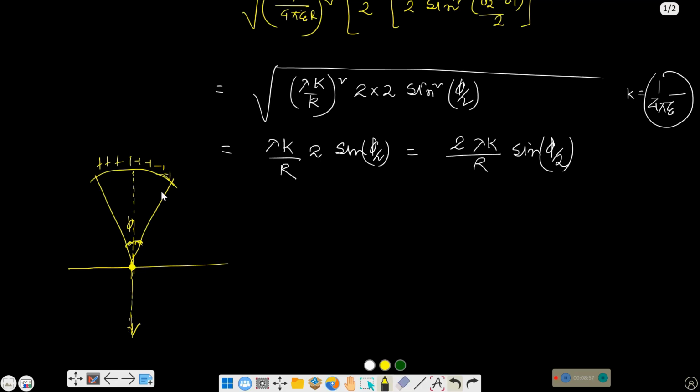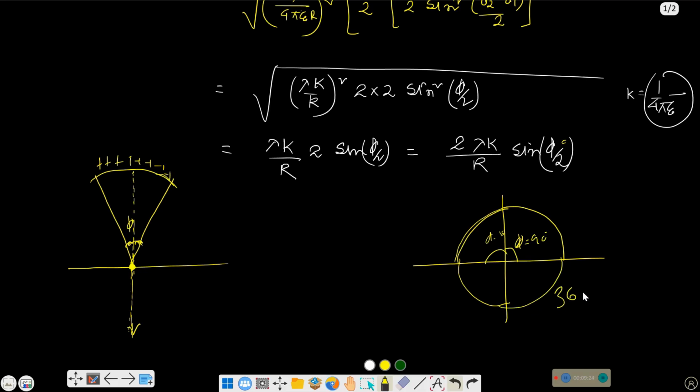Okay, so using this also we can work with a circular arc like this. Because this is 90 degree, phi will be equal to 90 degree, so this will be sine 45 degree, phi by 2. For this one, phi will be equal to 180 degree. For this one, phi will be equal to 270 degree.